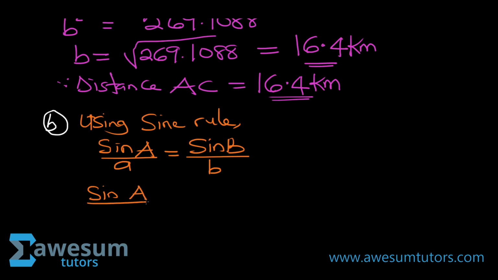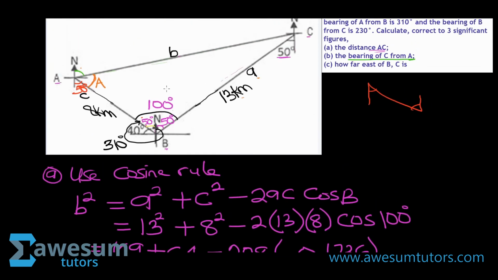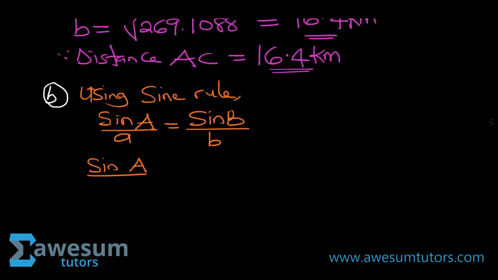Over what is the side of A? We go to the diagram. The side of A is this 13. We will put that right there, 13.